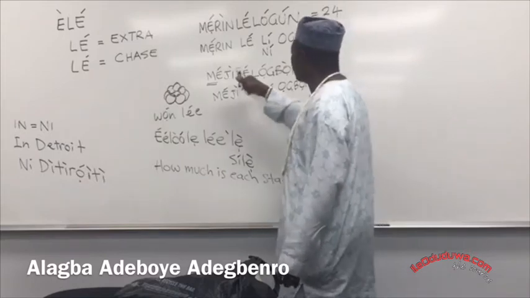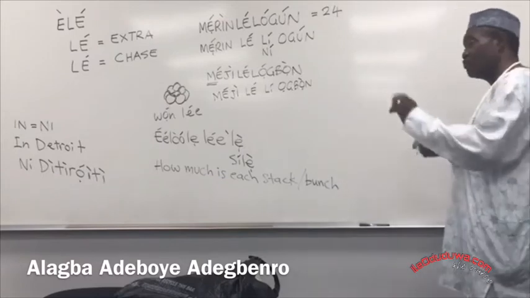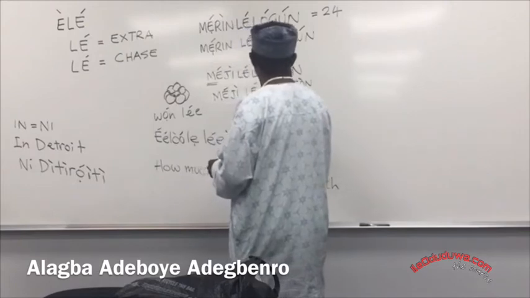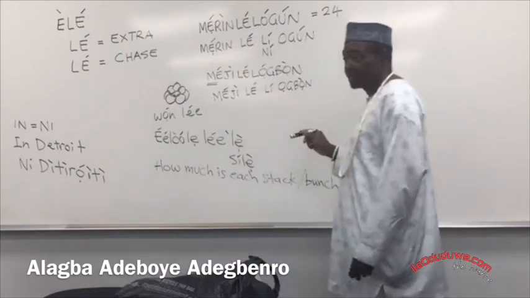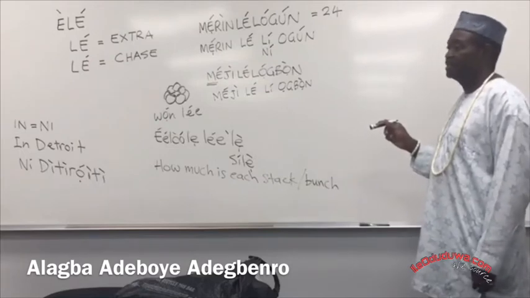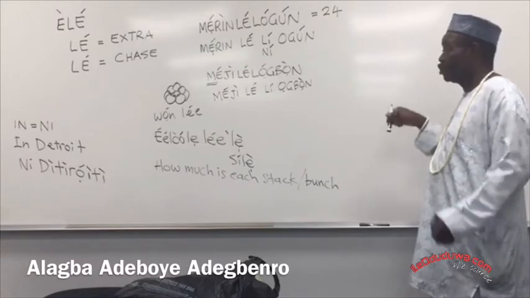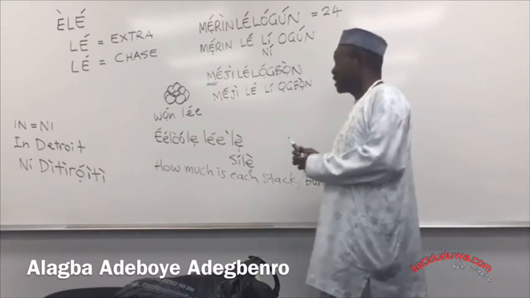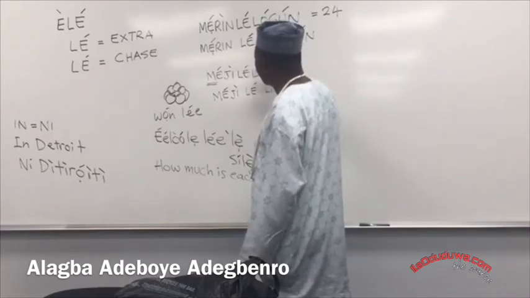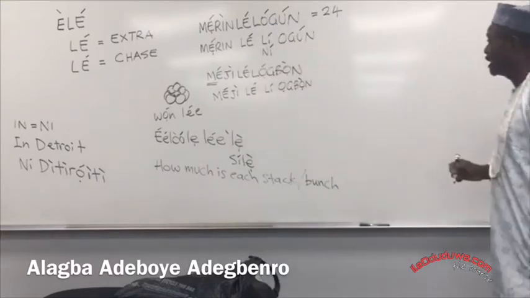Méjìlélọ́gbọ̀n. You see? So when you see some words that are long like this, 1, 2, 3, 4, 5, 6, 7, 8, 9, 10, 11, 12, like 12 letters in there, always know that most likely they combine 2 words together, or 3, right? Or they join them together. So it's being joined together by the li and the le, right? To express that.